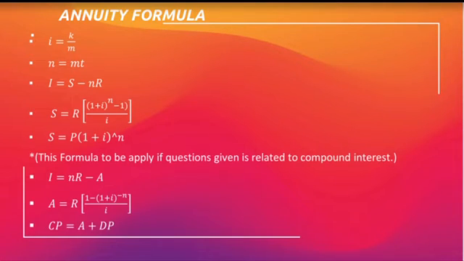S equals P times (1 plus I) to the power N. 6. I equals NR minus A. 7. A equals R times [1 minus (1 plus I) to the power negative N] divided by I. And lastly, CP equals A plus DP.